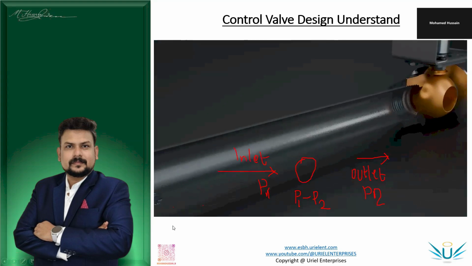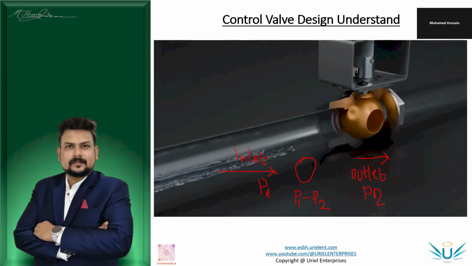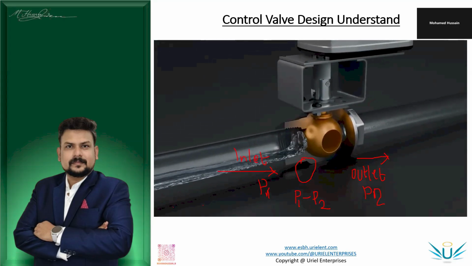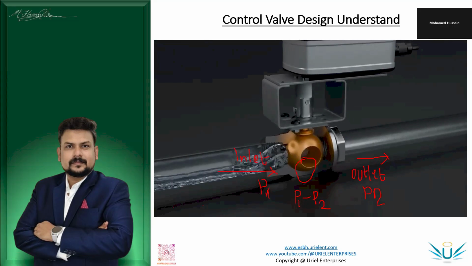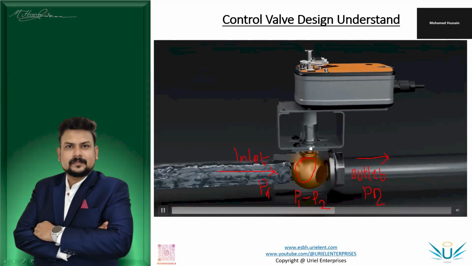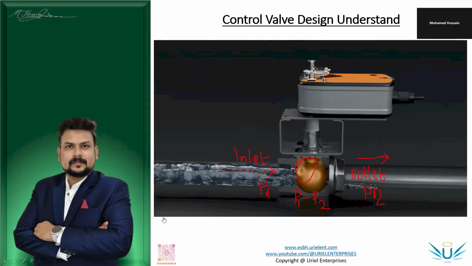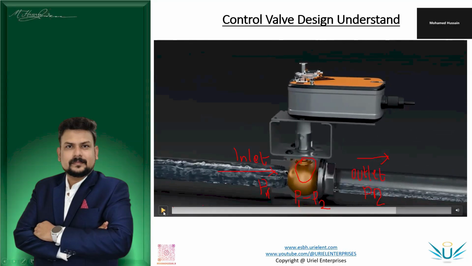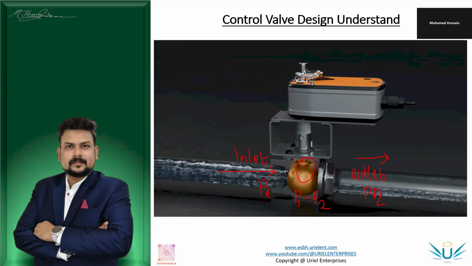So water is coming, the pump is pushing the water, and water is coming and hitting the valve, and the valve is opening with the help of the actuator. Now water is going. See, the water is coming with the full pressure, and the valve is fully open, and a small amount of water slowly picks up, and in a certain range it will have some reduced pressure due to the resistance of the valve material and valve body.